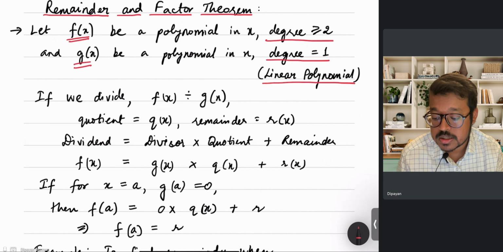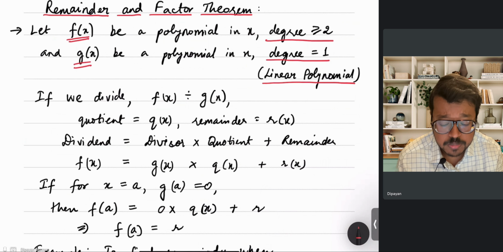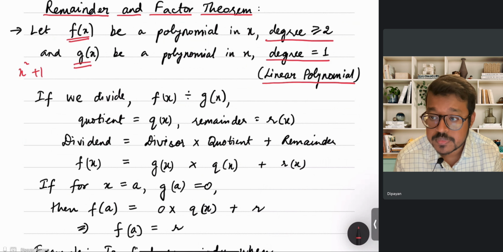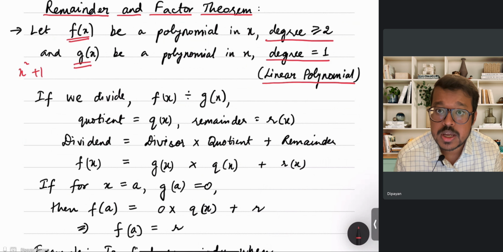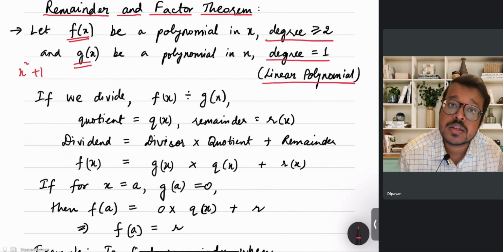Function means that we have some relation between some variables. For example, if I say that there is a polynomial like x square plus 1, if I look at the variable and then if I try to substitute some values in the variable, the entire expression will result in some value.